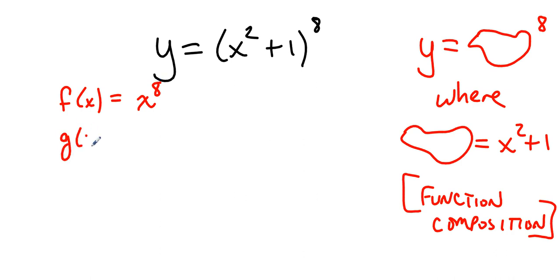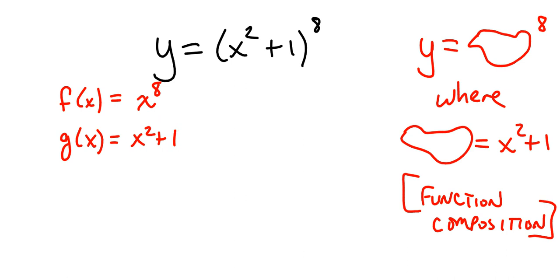The inside function is the thing that gets substituted in there to make this, and that's x squared plus 1. So just confirming, f of g of x is what you get when you take this and stick it in there.